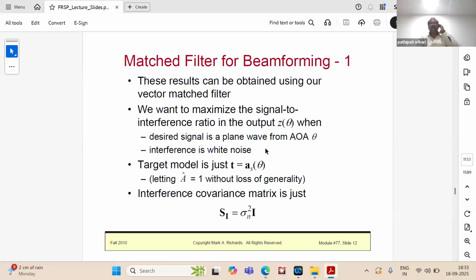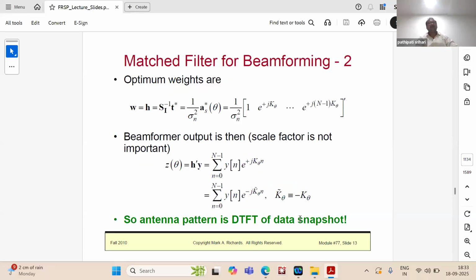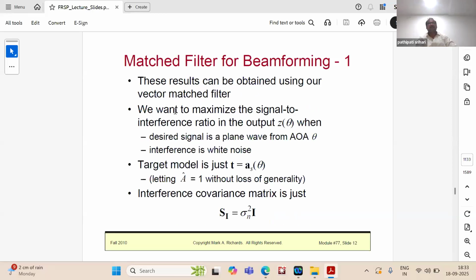Once the interference is considered, you must model the interference covariance matrix. Without it, you are trying to detect a signal in the presence of interference only. That is why the optimal filter coefficients are obtained as SI inverse of T Hermitian. Here the interference is considered white noise.